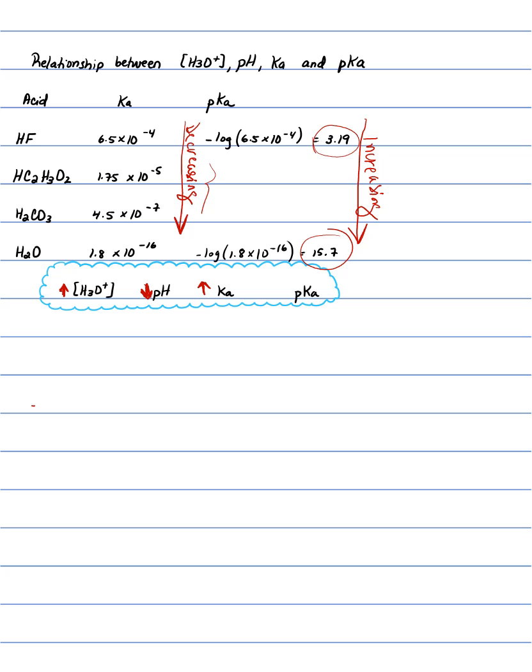So I'm using here my relationship. Increasing concentration of hydronium means that the pH is decreasing, more acidic. It means that the value of your Ka will be larger because you have more ions in solution, which means that the larger the Ka value, the smaller the pKa.